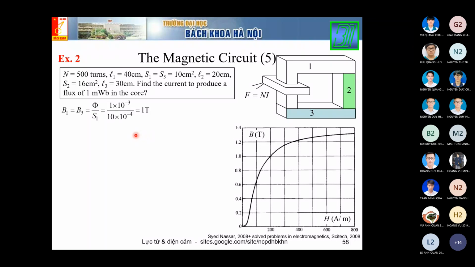Because S1 and S3 are the same, we can find B1 and B3 together like this.